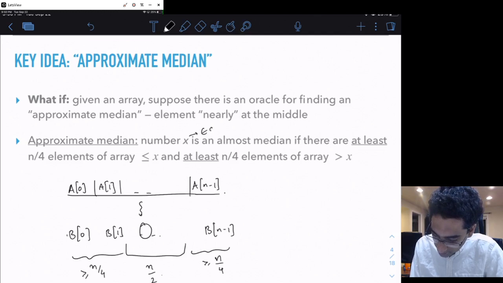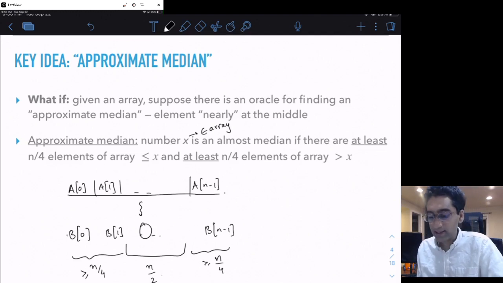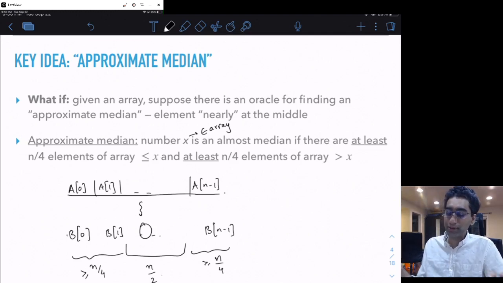Number x belonging to the array is an almost median if there are at least n by 4 elements to the left of it and n by 4 elements bigger than it. Okay. So in other words, it's like one of the middle n over 2 elements.